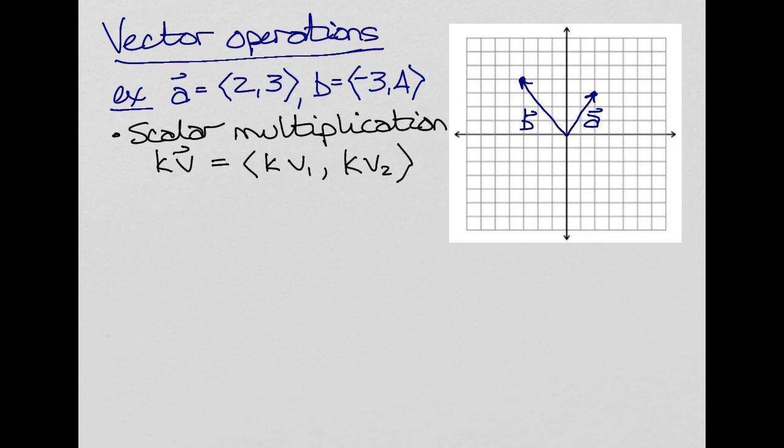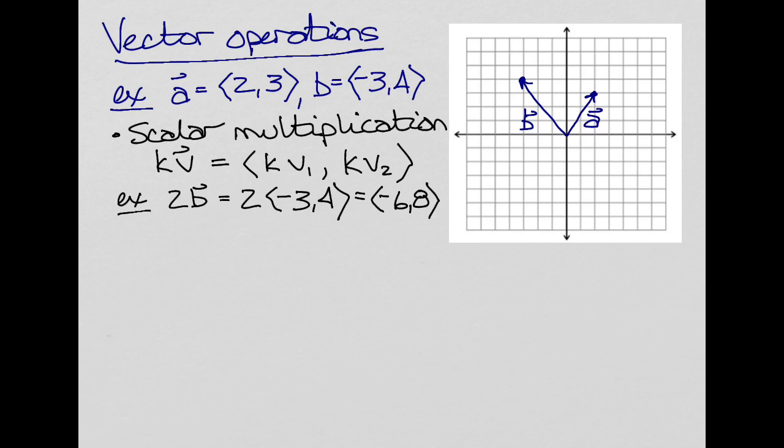For example, if I want to multiply 2 times b, here's b: 2 times -3, 2 times 4.